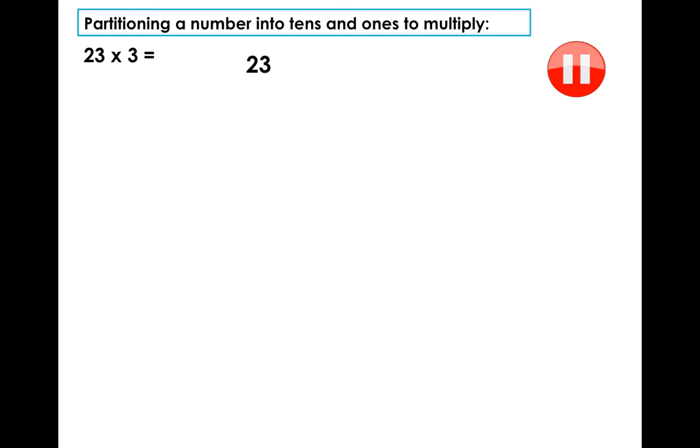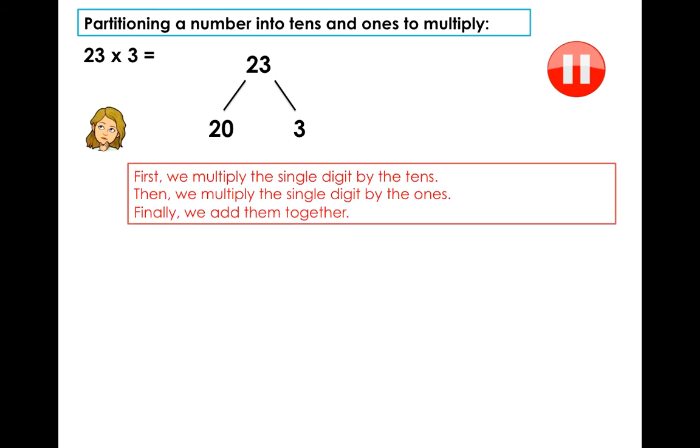So we should have partitioned the 23 into 20 and 3 because it's got 2 tens and it's got 3 ones. Then we should have multiplied the single digit in the question, 3, by the tens, 20. So 3 times 20 gives me 60.